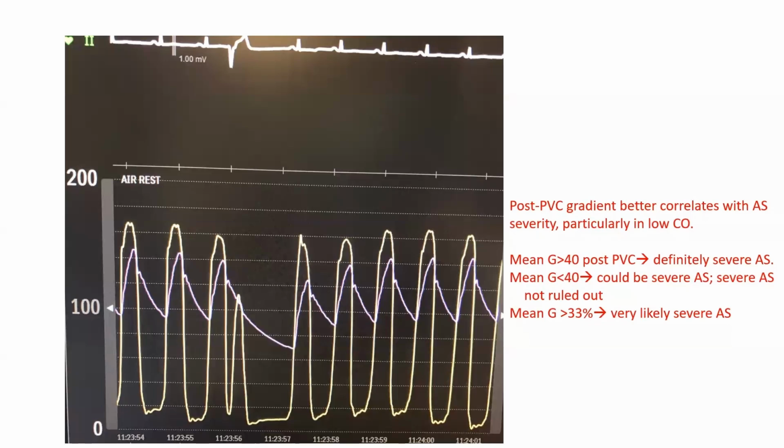That's why PVC is actually more relevant in that particular case, because PVC increases contractility and it also increases preload. So it's very valuable in those low gradient, severe AS with low or normal EF, unlike dobutamine, which only applies in a definitive fashion to the low EF group.